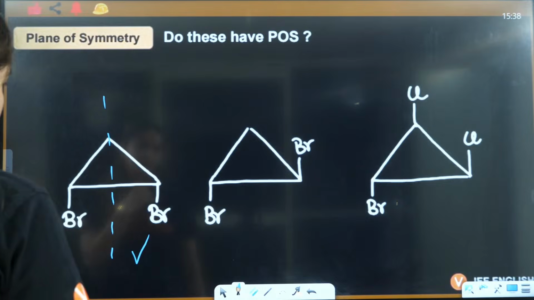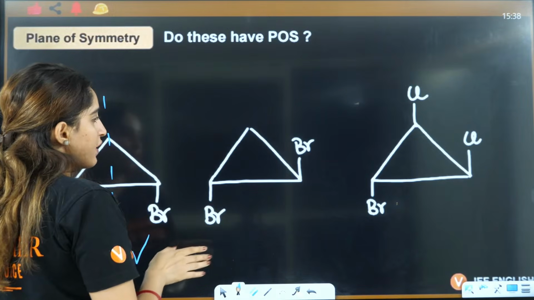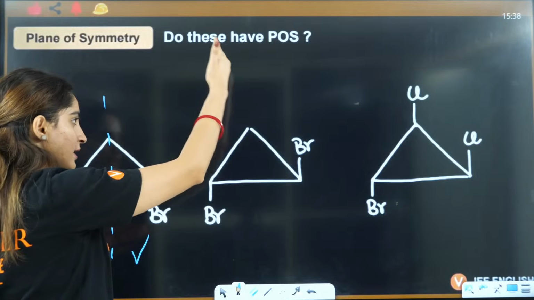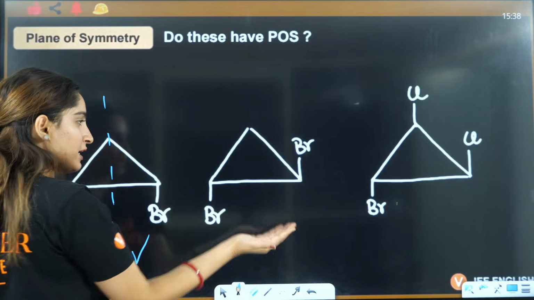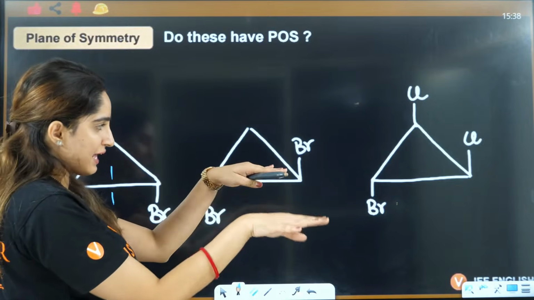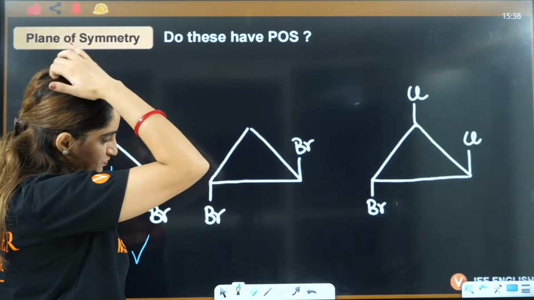Now these two, one is below, one is above, right? If I pass a plane like here, it will not have. If I pass a plane from this side, between this, even then it will not have any POS. One will be above, one will be below.